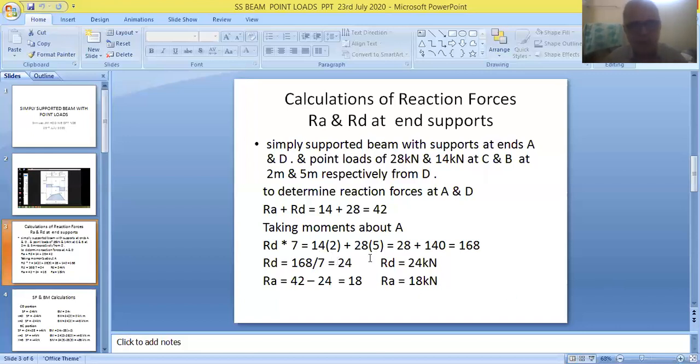And the 28 kilonewton load is acting at a distance of 2 plus 3 equals 5 meters from point A. It is written as 28 into 5. So 7 RD will be equal to 14 into 2 plus 28 into 5. Simplifying all these, the value of RD is obtained as 24 kilonewtons.